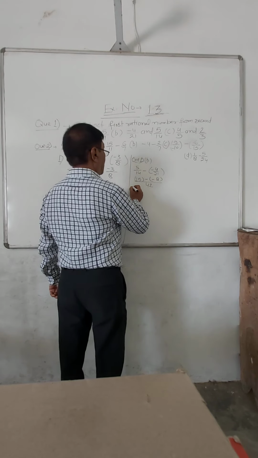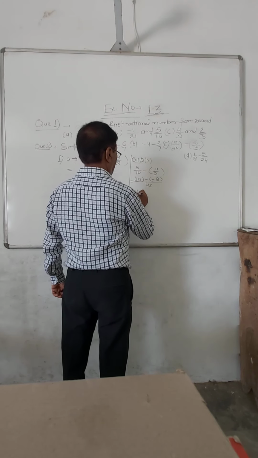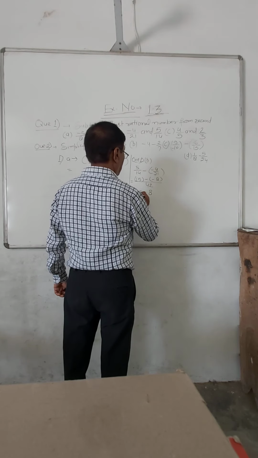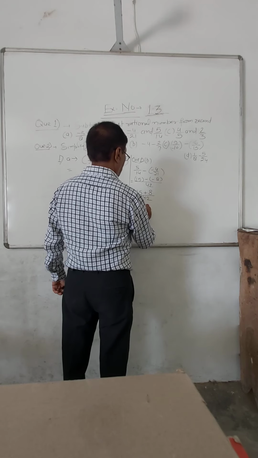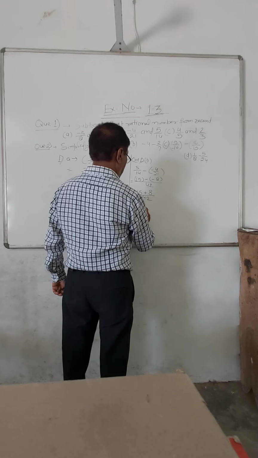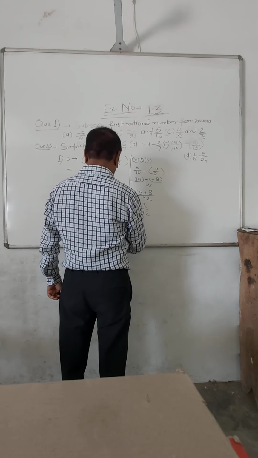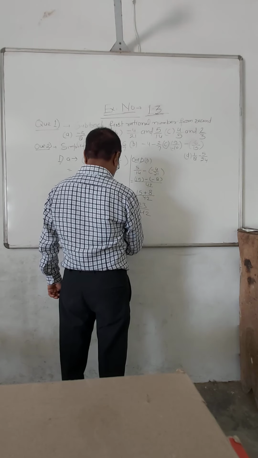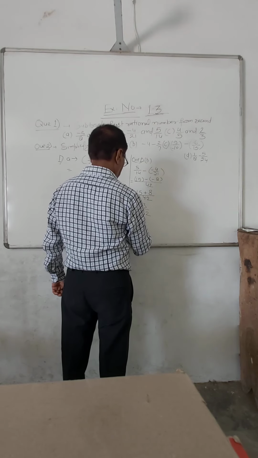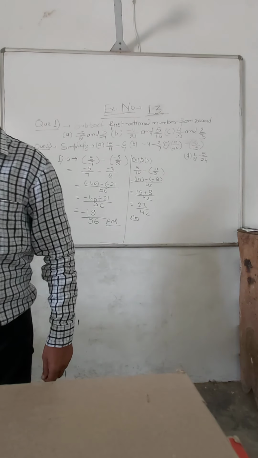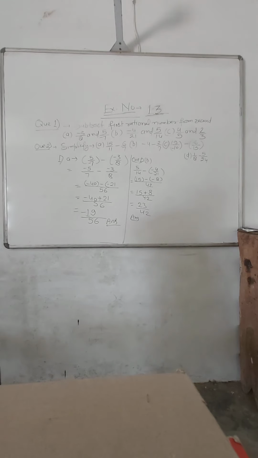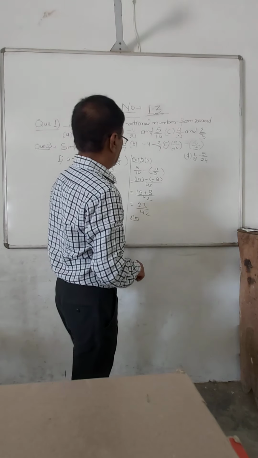So it is 15 plus 8 upon 42. So this is coming 23 upon 42. This is the answer: 23 upon 42.